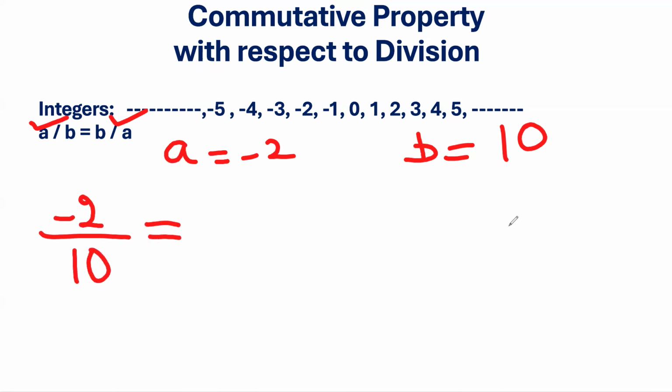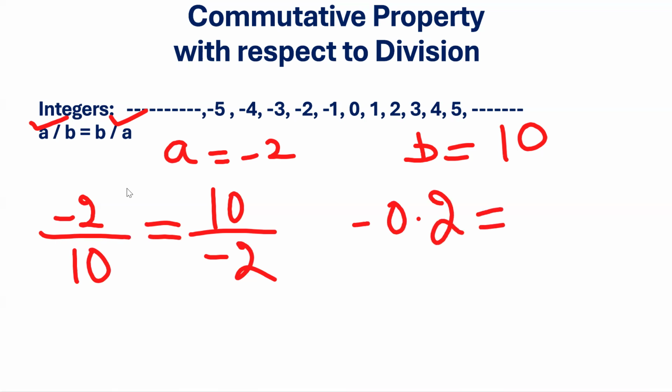Is it equal to B divided by A? What is B? It's 10. What is A? -2. Let's check these two are equal or not. 2 divided by 10 will give you the negative number, -0.2.